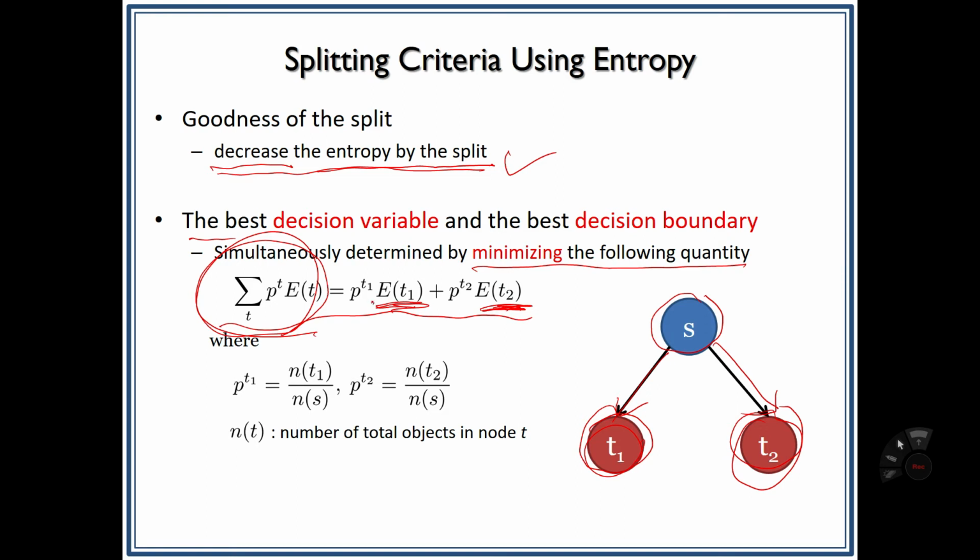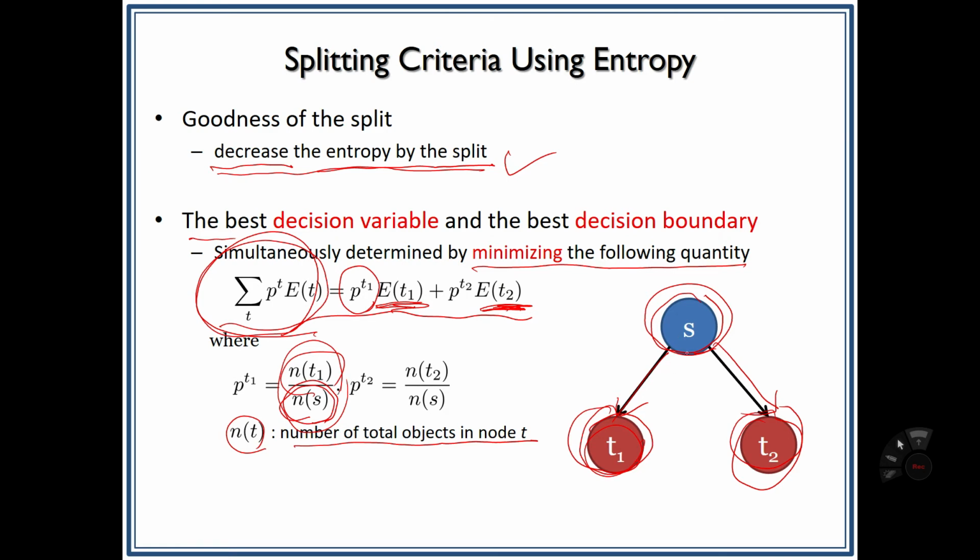And here P of T1 is defined by this one. Here n of T is the number of total objects in node T. The denominator is the total number of observations in S, and the numerator is the number of observations in the child node.